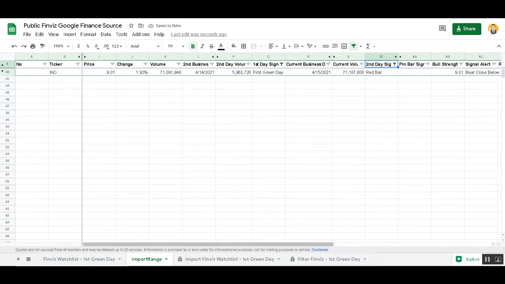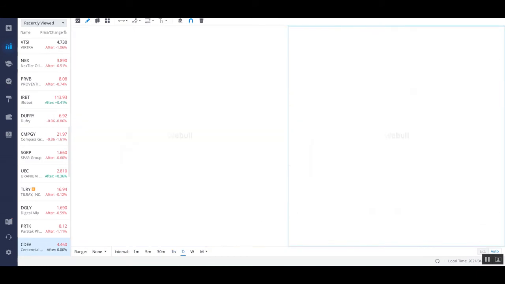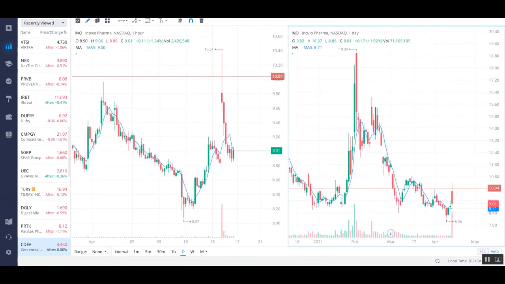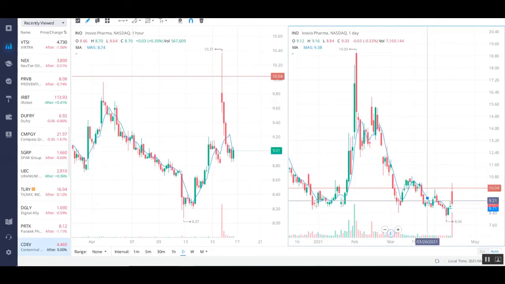Okay, so we only have INO. It's clearly a pretty strong pullback.